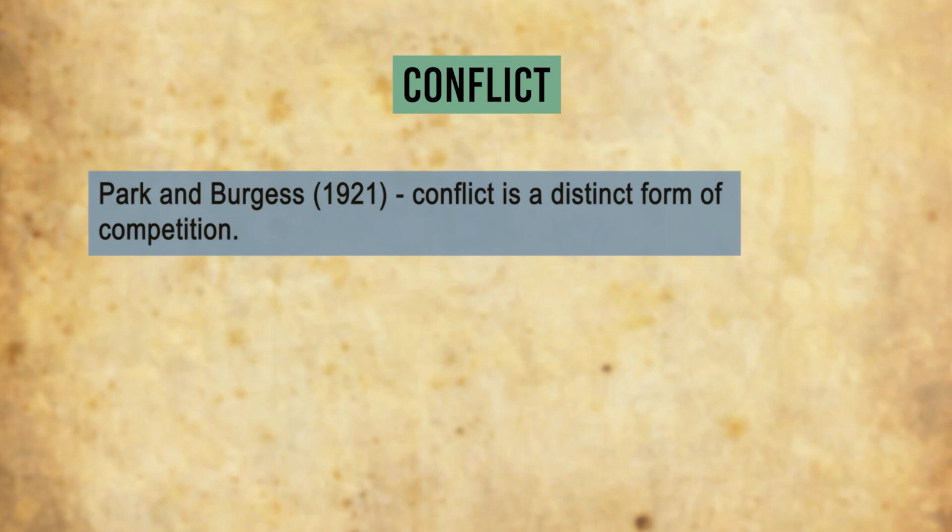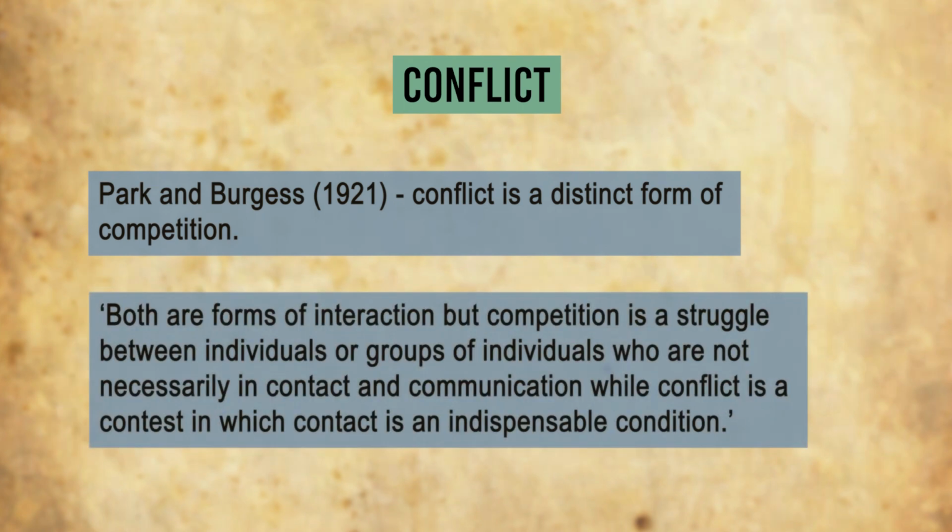Next we come to Park and Burgess. In 1921, they said that conflict is a distinct form of competition. So here they mentioned the two terms, conflict and competition. They said that both these terms are forms of interaction.